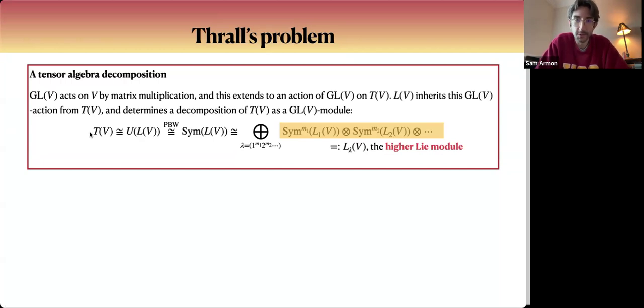And then, using some results from Lie theory, I can use the PBW theorem to get a certain decomposition of the tensor algebra as a general linear group module. And this decomposition involves the free Lie algebra in some way. So if none of these symbols make sense, the upshot is I can form this interesting tensor algebra decomposition using the graded pieces of the free Lie algebra.